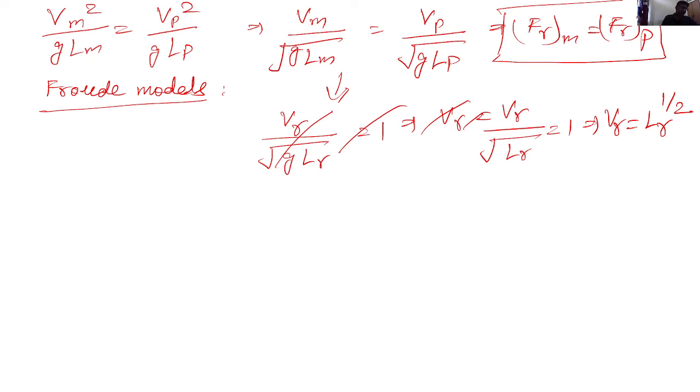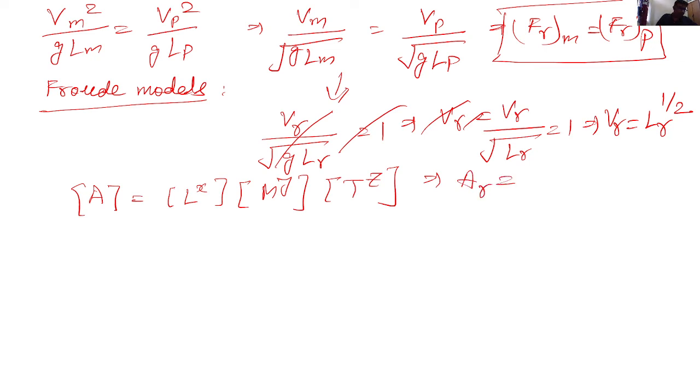Now for any physical variable A, let us suppose the physical variable A can be written in terms of dimensions L, M and T like this. This is from our understanding of the dimensional analysis. So the scale ratio for AR would be finally nothing but the length scale ratio to the power x, mass scale ratio to the power y, time scale ratio to the power z.